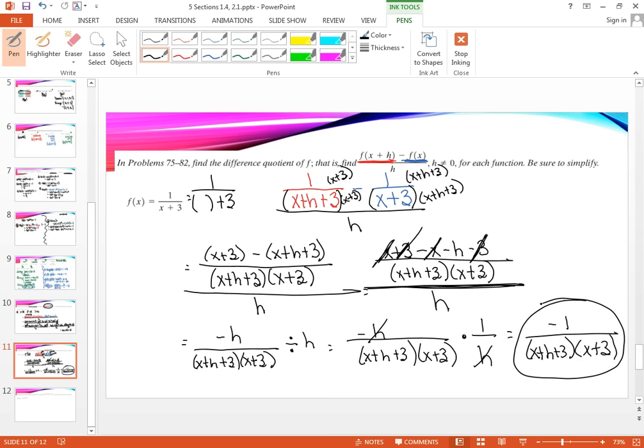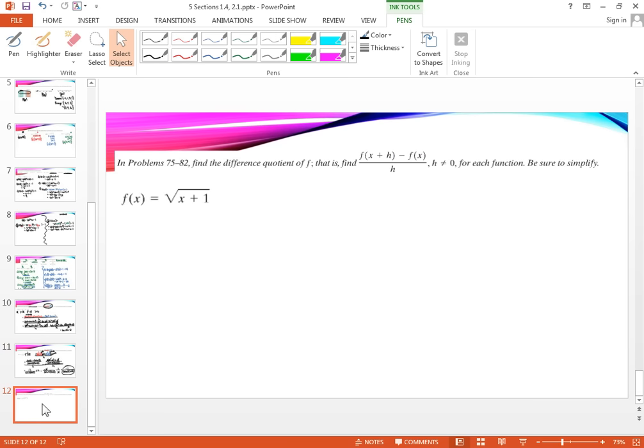All right, and I want to do one more because I want to make sure that I have shown you all the different possibilities. So let's do this one. f of something is the square root of something plus 1. So f of x plus h is the square root of x plus h plus 1.